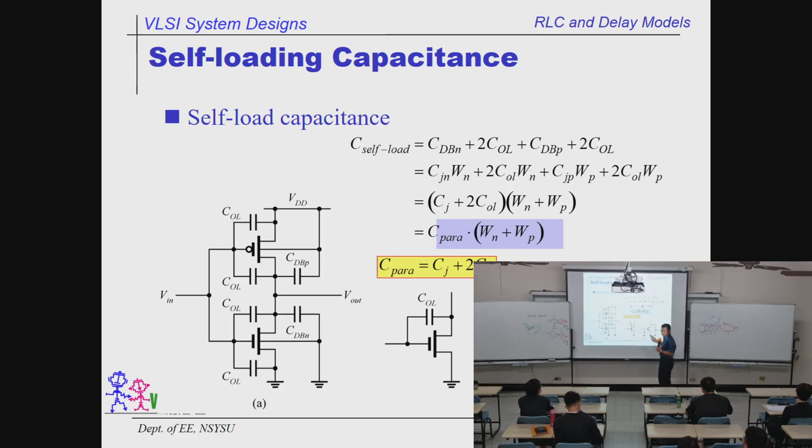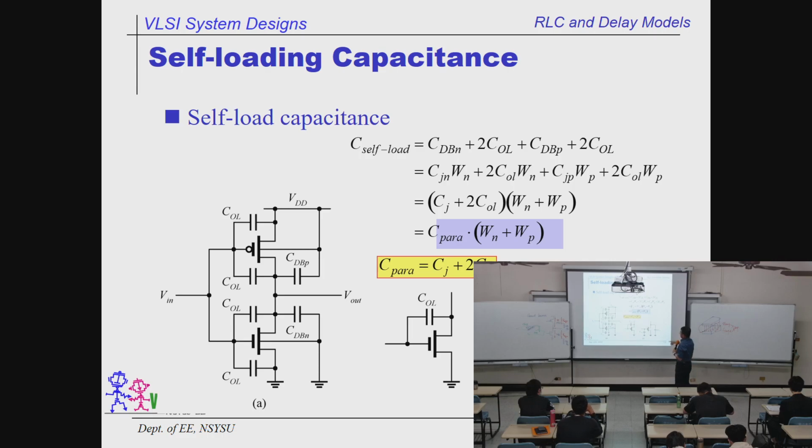This is what the Miller theorem says. Okay, if you don't understand it, go back to your textbook to find it. So we cut it. This is the equivalent circuit. Okay, you double it, put it over here, and double it, put it over here.